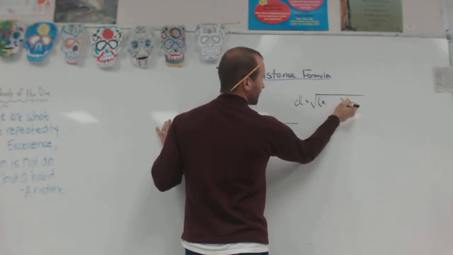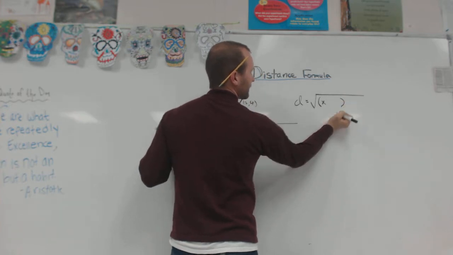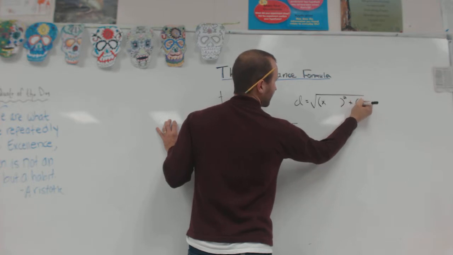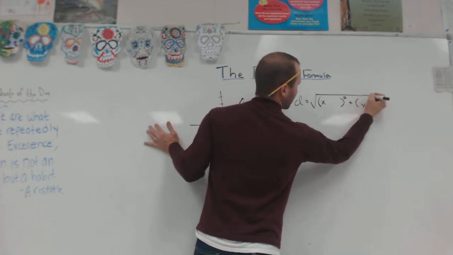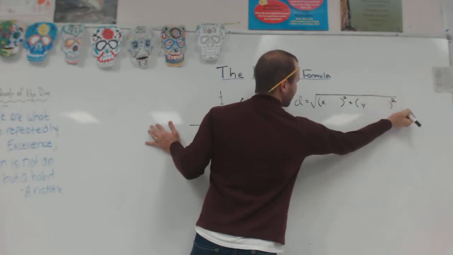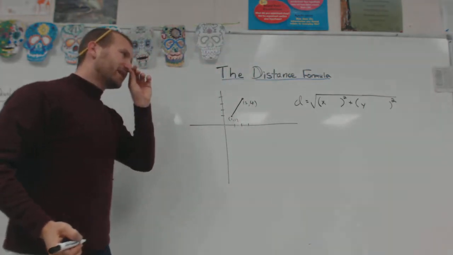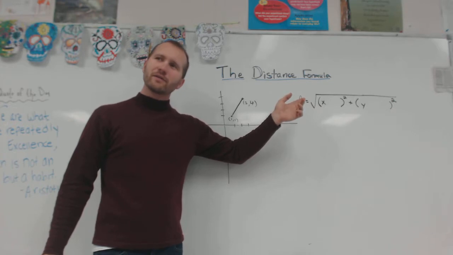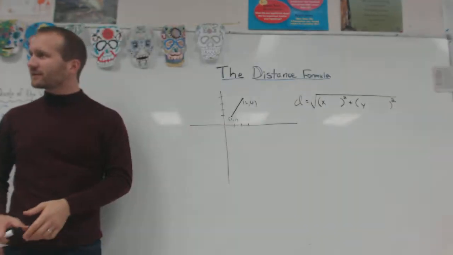Okay. Something with x's. And then it's squared. And then this plus parentheses y. Same with y squared. Does this look familiar at all? The square root of the sum of two squares.